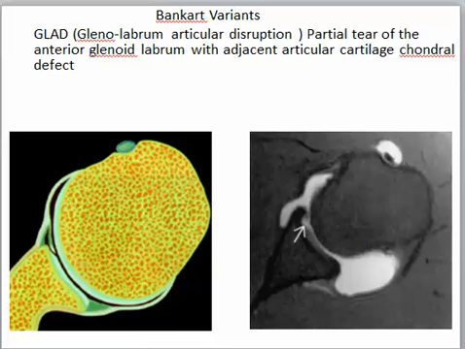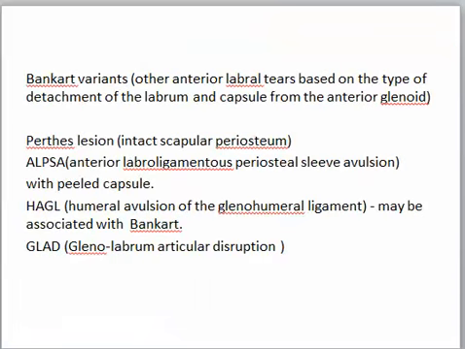So we can go back again and see what is there. Perthes lesion is an undisplaced anterior inferior labral tear. Anterior labral periosteal sleeve avulsion is a displaced anterior inferior labral tear. GLAD, there is no displacement and there is a definite articular cartilage lesion.